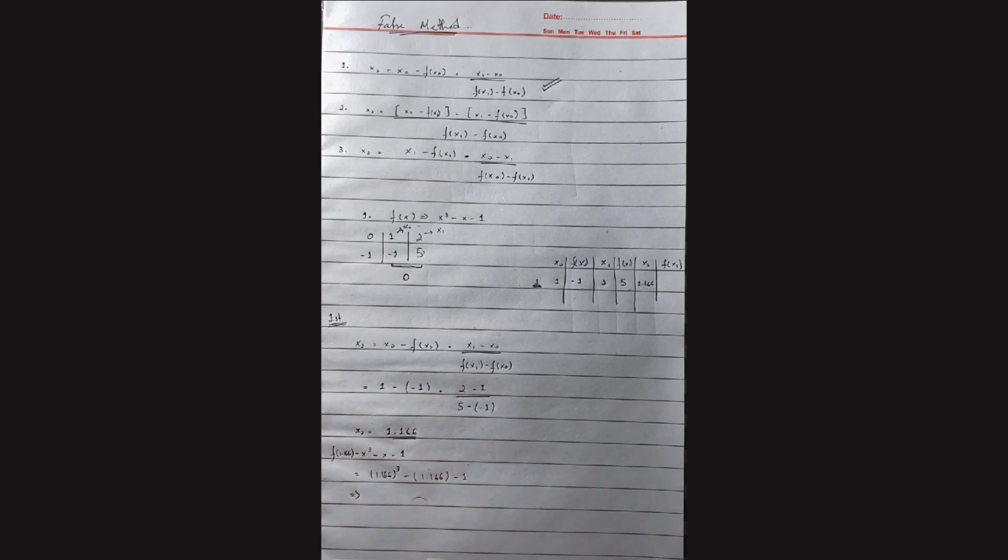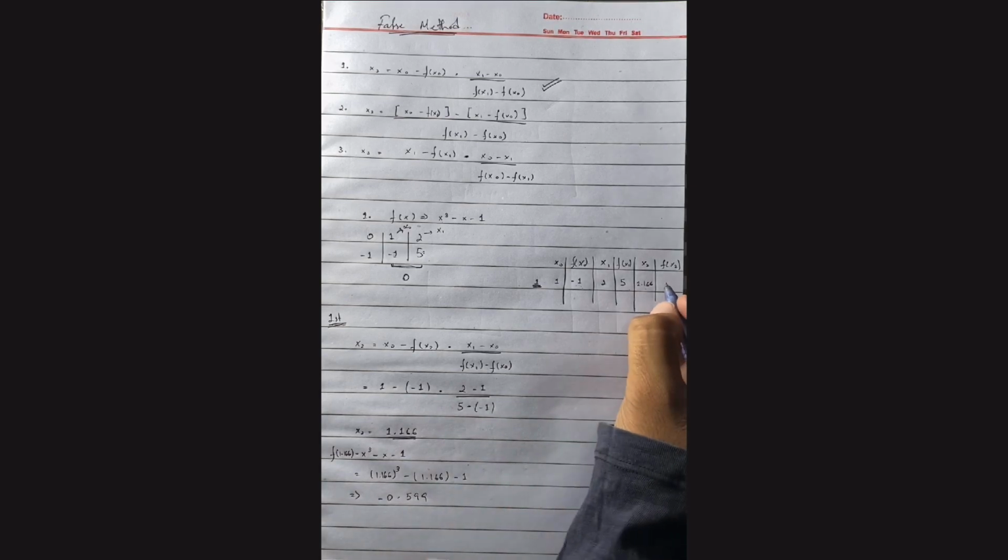We put these numbers in the calculator and find the output, which is minus 0.599. We write that over here.